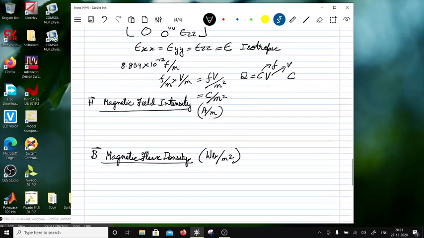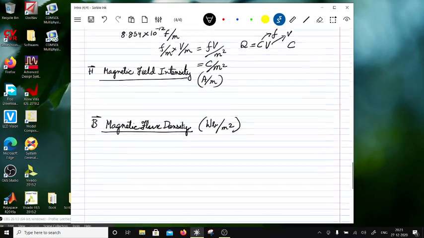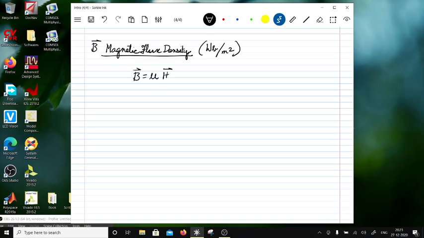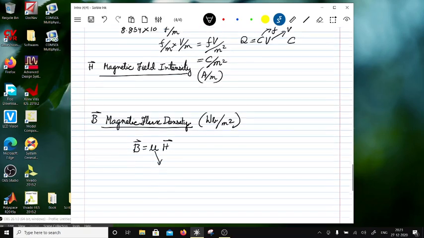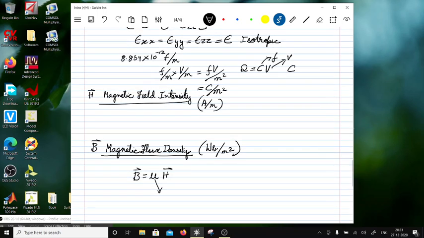So these are the basic quantities: electric field intensity, electric flux density, magnetic field intensity, magnetic flux density. Again, B is related to the constant of permeability times H. This is a characteristic of the medium, and the medium can again be anisotropic, polar, or isotropic.